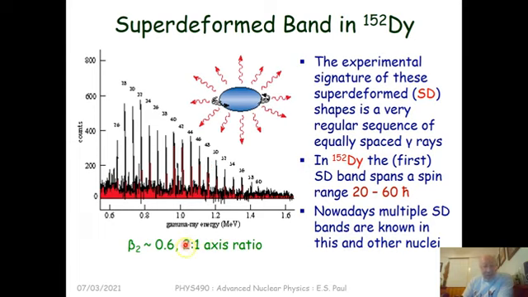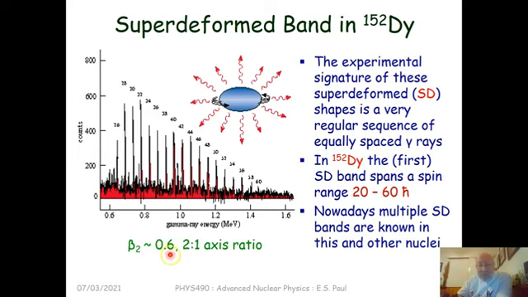And so if we look at what we define as super deformed, this 2 to 1 axis ratio, what this means is our shape parameter beta, for instance, is this number here, 0.6. Now, in a typical nucleus at low spin, this is more likely to be 0.2. So that's a typical value of the quadrupole deformation of a nucleus.